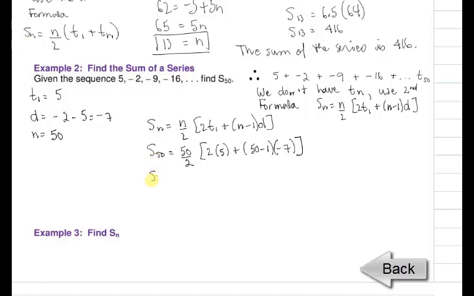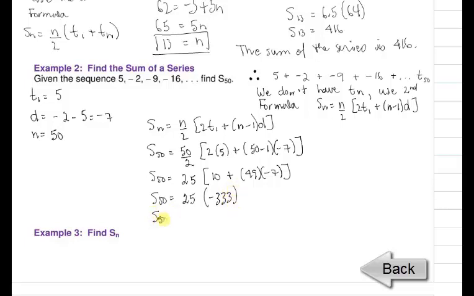So S50: 50 divided by 2 is 25. 2 times 5 is 10 plus 50 minus 1 is 49 times negative 7. Then we go 25 times, and I'm going to simplify everything inside the bracket at once. So 10 plus 49 times negative 7 is negative 333.